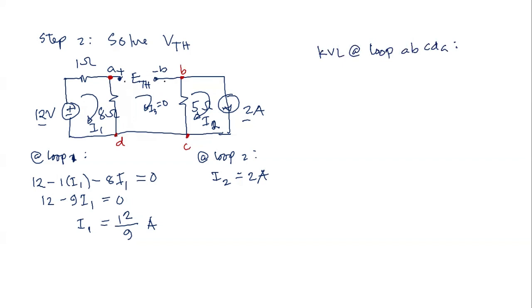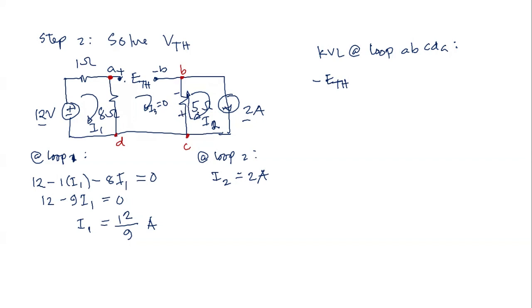So if we use KVL to write the voltage equation, in a clockwise direction, we have minus ETH. And then the voltage at 5 ohms. So what is the current that flows through the 5 ohms? When the current I2 passes through 5 ohms, it's going upward. So we have plus and minus. Of course, there is no current in this loop. I3 is 0.